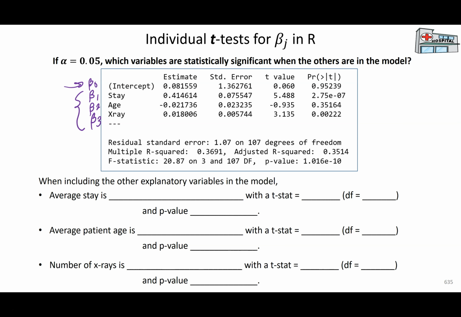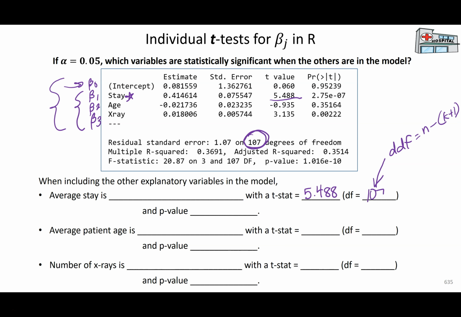So here, if I want to look at stay, I would go, okay, well, my t statistic is 5.488. The degrees of freedom are the same as the denominator degrees of freedom. So that's your total sample size n minus k plus 1, so minus 4.